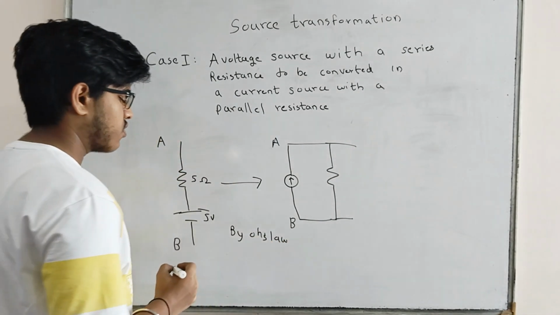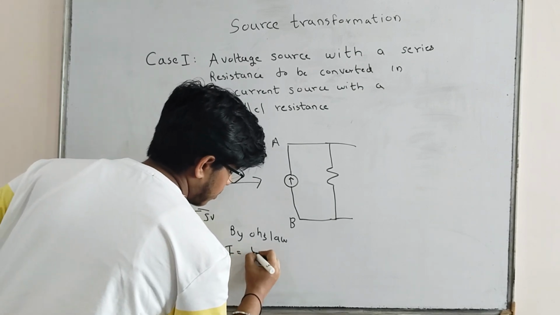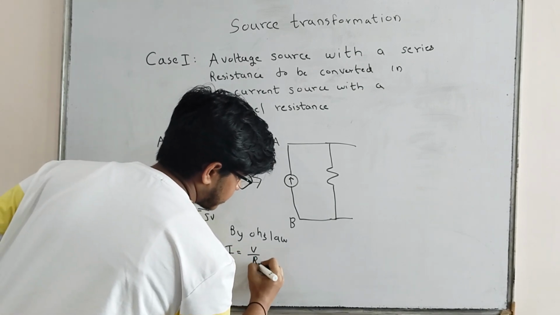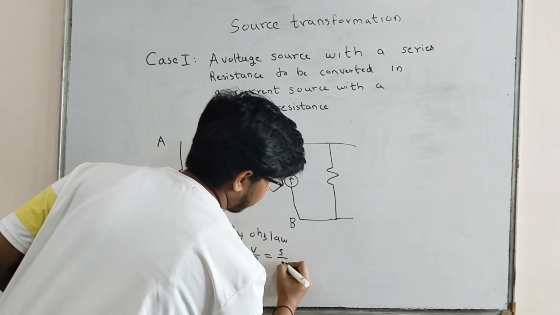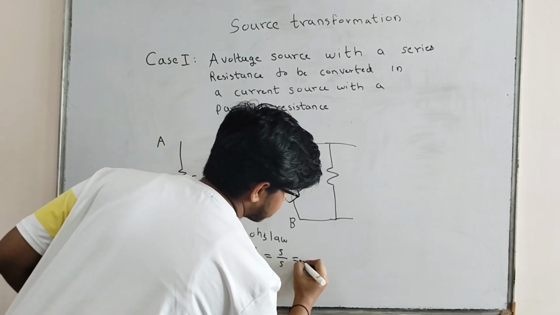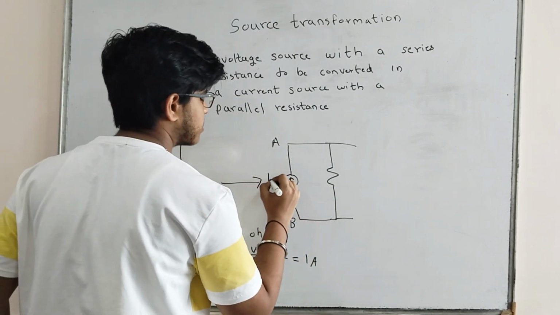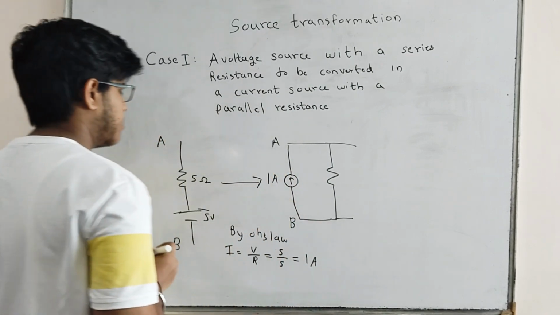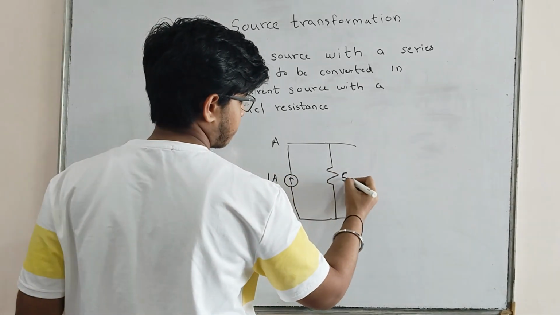Ohm's law states that current is equal to voltage upon resistance. Substituting the values, 5 volts upon 5 ohm, the answer turns out to be 1 ampere. So the magnitude of this current is 1 ampere and the value of resistance will remain the same.